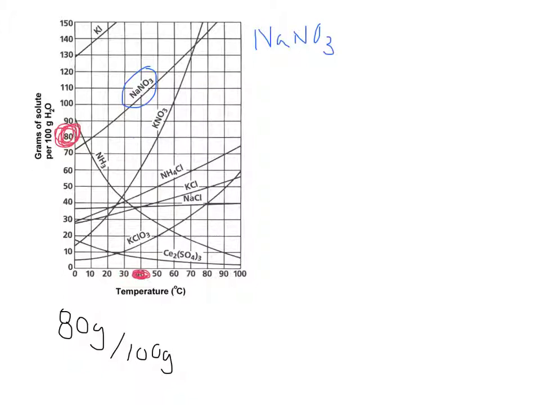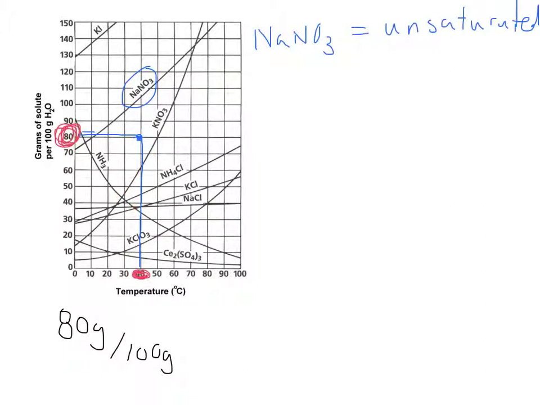If we go across here, our magic spot is right here on our chart for sodium nitrate, and this would be an unsaturated solution, because the point that we got here is below the line. For potassium nitrate, this would be supersaturated because our point here is above the line. And for all these other ones, it'd be supersaturated.